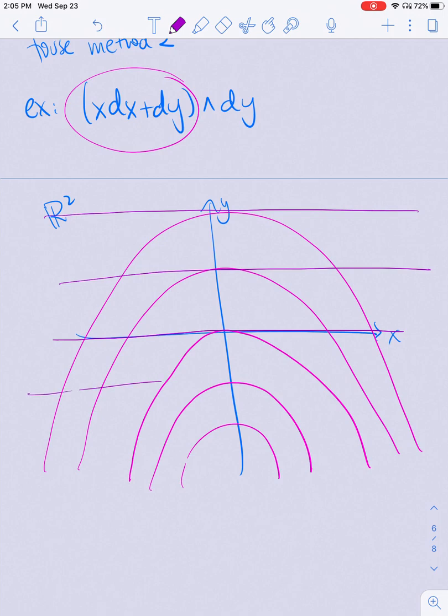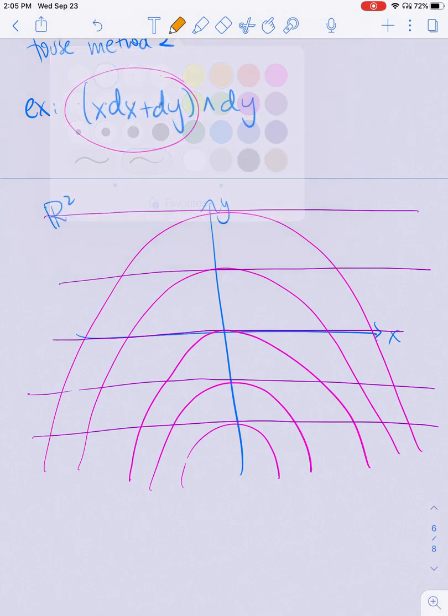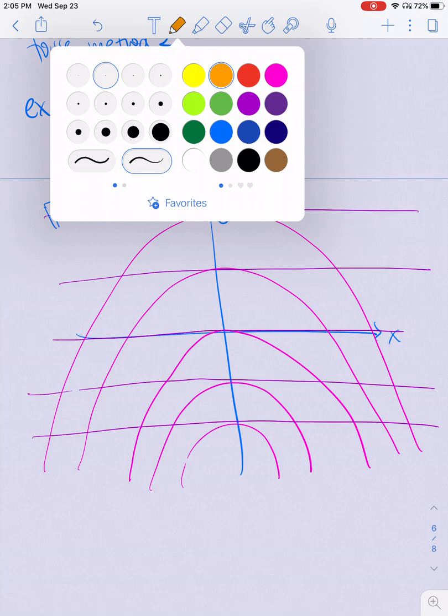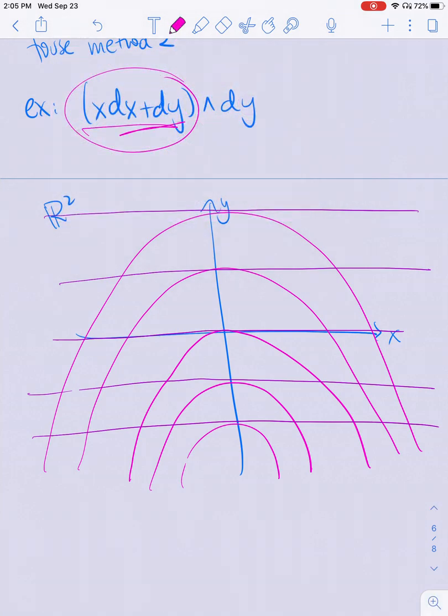And you'll notice that this doesn't actually quite work along the x-axis, and that's because I have dy wedge dy, which is 0. So ignoring what's going on at the x-axis, I used kind of the wrong colors, but let's just think about what our basis vectors, our pink and our orange vectors, should be.